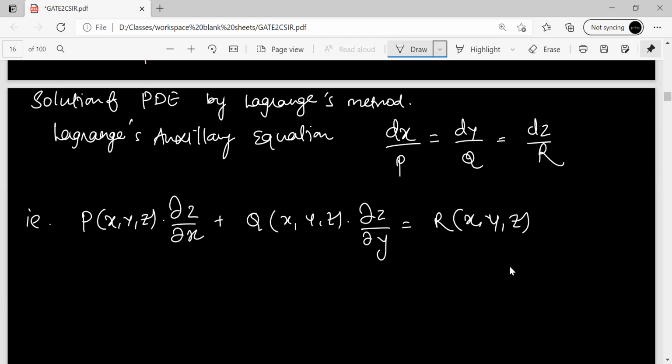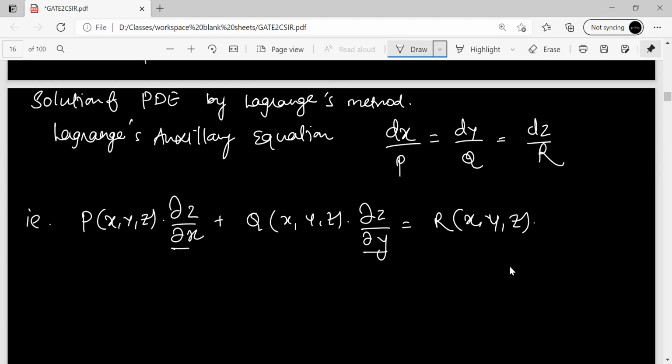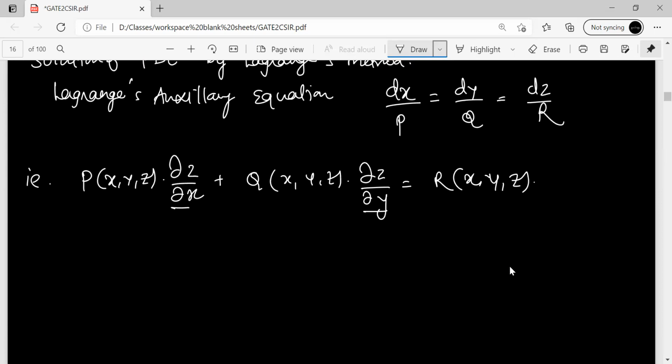So it is linear in p and q, and z may appear, so it is quasi-linear. Remember, whatever type of equation you get, whether semi-linear or quasi-linear, you have to apply this Lagrange method. Only Charpit's method will be applied when we have a non-linear PDE. That will be discussed in later videos. You may write it in short form: P p plus Q q equals R.